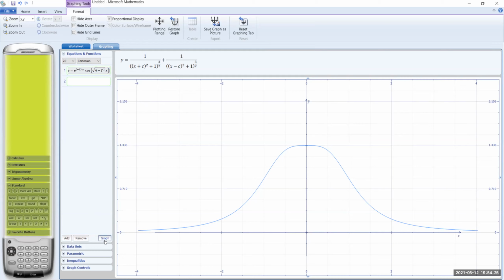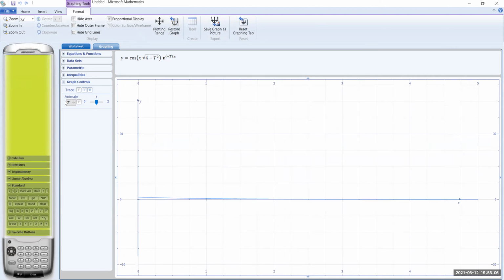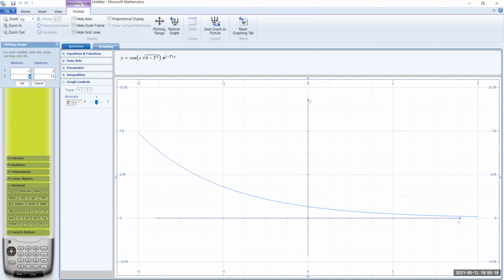And for the value of y, let's start from negative 30 up to 30, just to give it symmetry. Obviously, this is too small, so let's blow it up in the plotting range. Let's make it from -2 to +4, and let's keep this one positive.